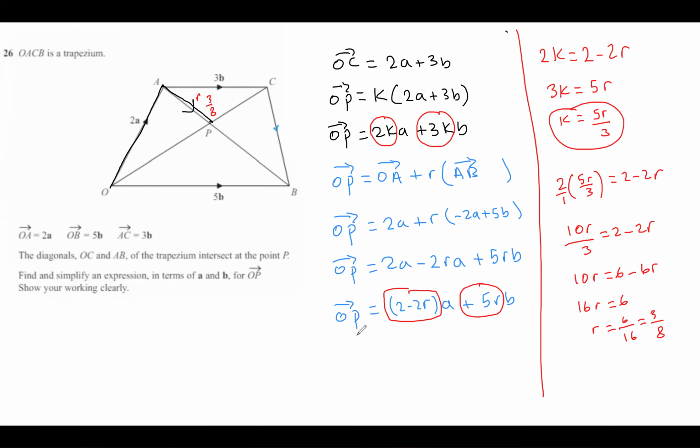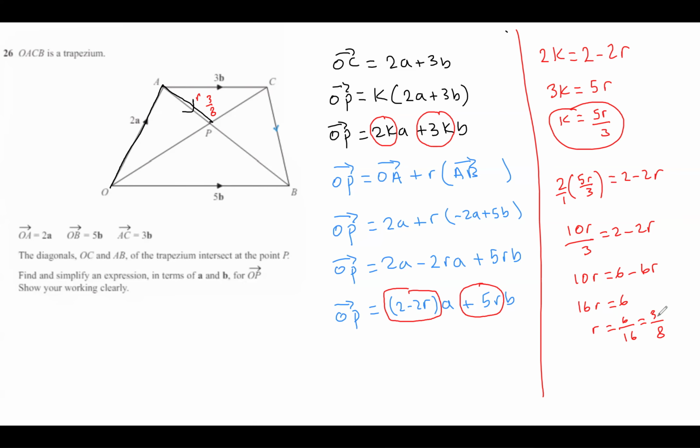And actually, what we wanted was OP. It might be worthwhile, since we have the value of r now, to just sub it in and work this out. So we could go ahead and work out k. I've already made k the subject, but we could just sub r into this equation here and work out what OP is.